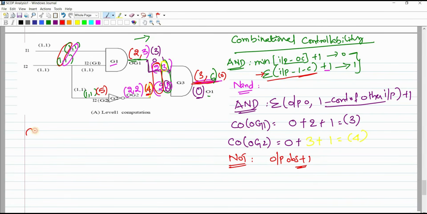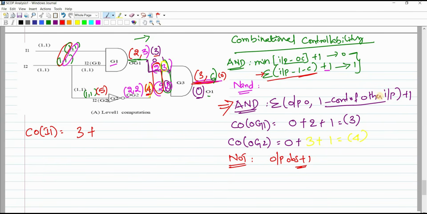Combinational observability of I1. It is also an AND gate. We have to follow the same formula. Sorry, if you want to calculate observability, the formula is the sum of output observability and 1 controllability of other input. So see here, what is the output controllability here for this circuit Z1? 3.